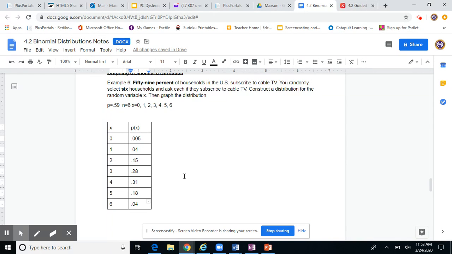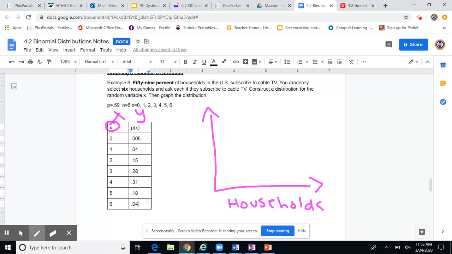So once you have this table, you then want to draw it as a graph. In a graph, you have an x-axis and a y-axis. Your x-axis is going to be your x column, and y is going to be your p of x. So here, this represents households, and this is the probability. Always make sure you label.